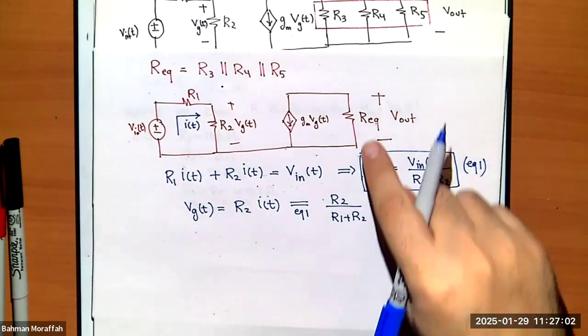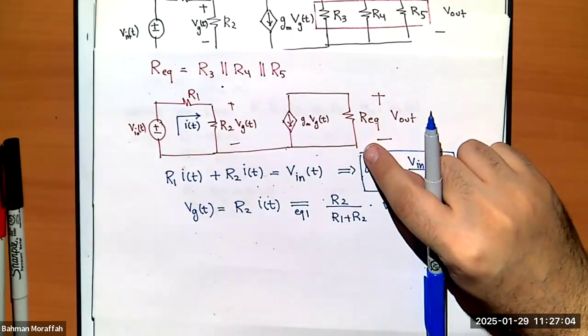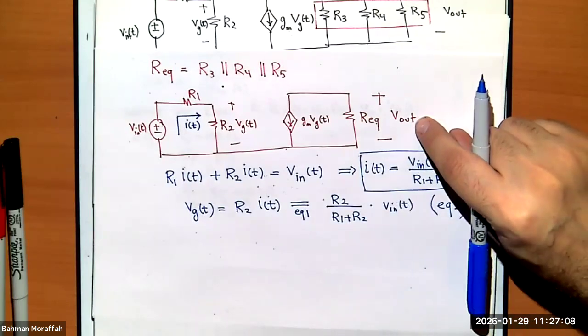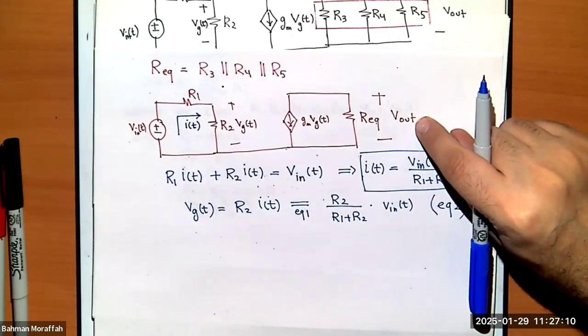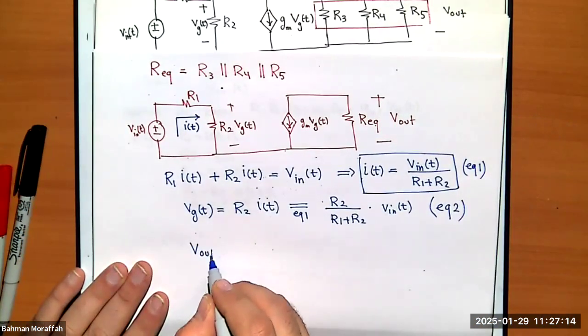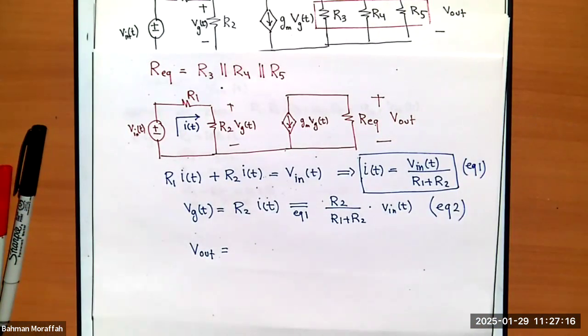Look at this circuit. I am claiming I know exactly what Vout is. Why? What is Vout in general? Vout is a voltage across the resistance. How do we find it? Ohm's law.